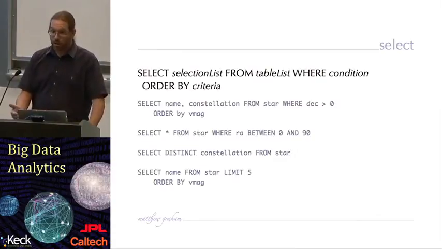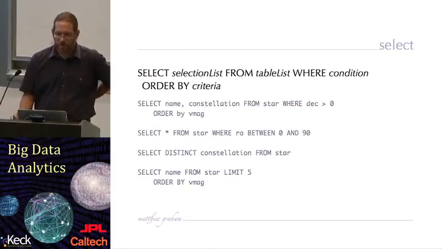If we want all the columns from a table, we can use the asterisk wildcard. So that second statement there will return all the data from the star table where the position variable RA has a value between 0 and 90.